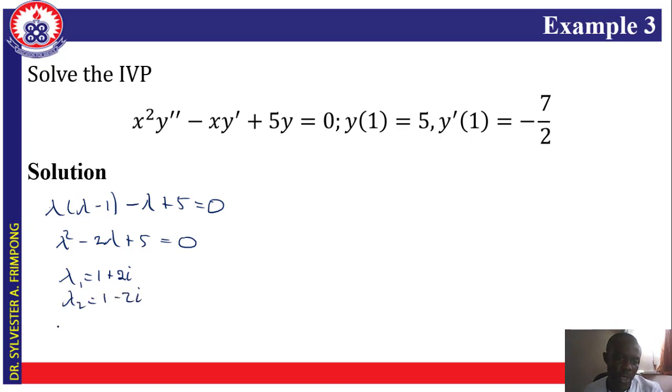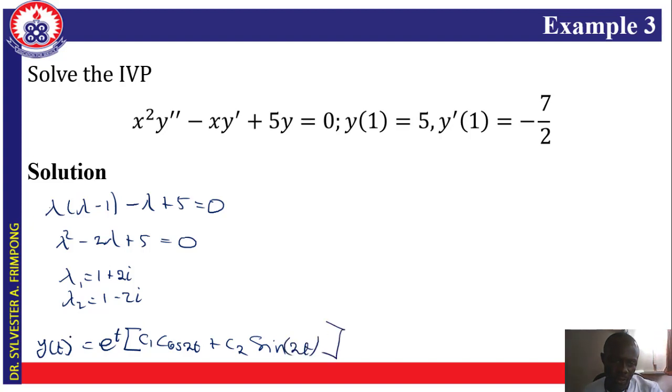So this is a complex root, and therefore y of t will be equal to e raised to the power t, that is, the real part of the complex number is 1, then c1 cos 2t, beta is 2, plus c2 sine 2t.